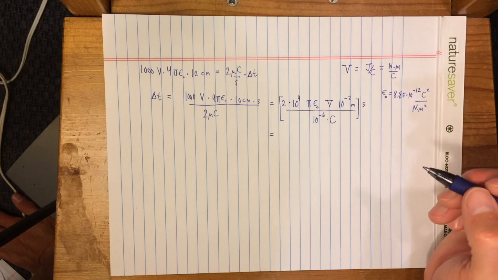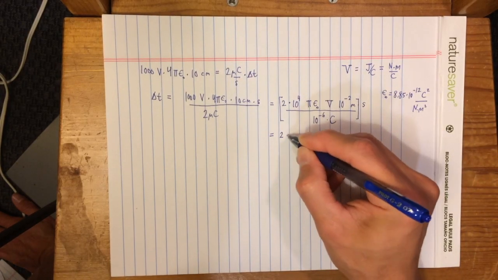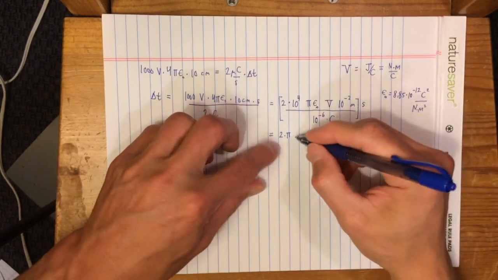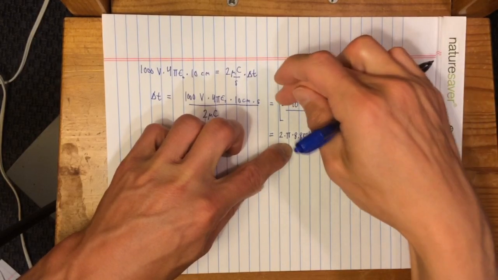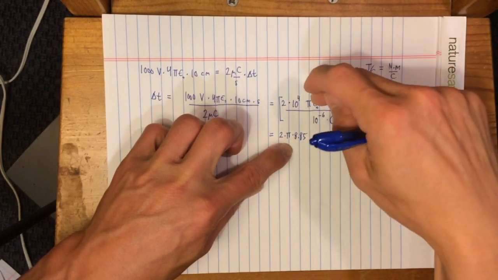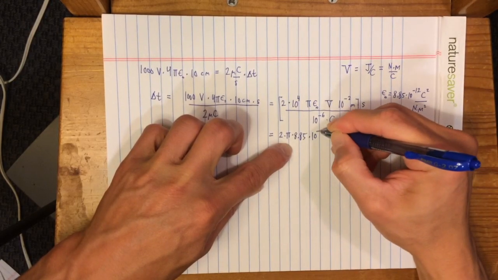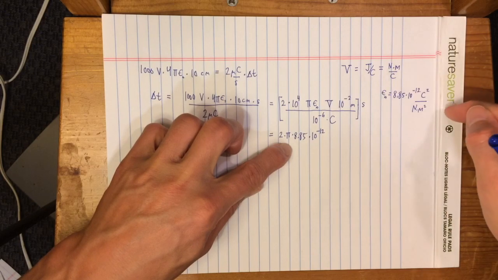So, yeah, okay. So it's 2 pi times 8.85, so 2 pi, there's the 8.85 times 10 to the minus 12. So that's epsilon 0.